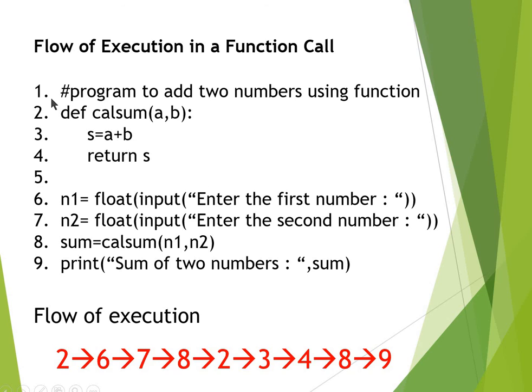Empty lines will not be executed. Comment lines also will not be executed. So execution always begins at the first statement of the program. Comment lines are ignored. Comment lines are all the lines beginning with the hashtag.